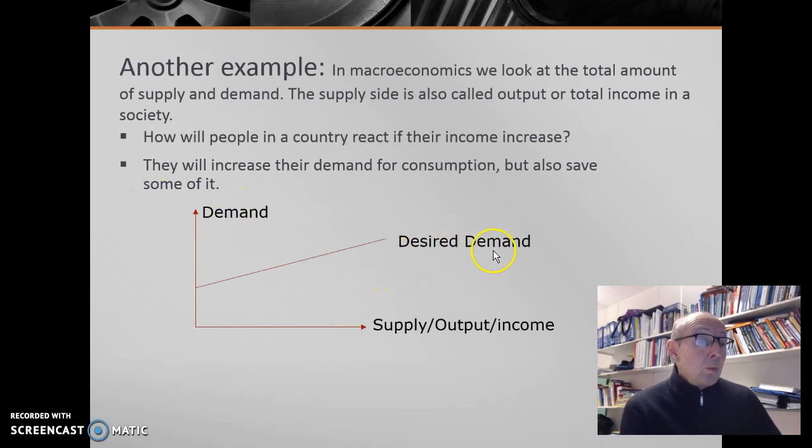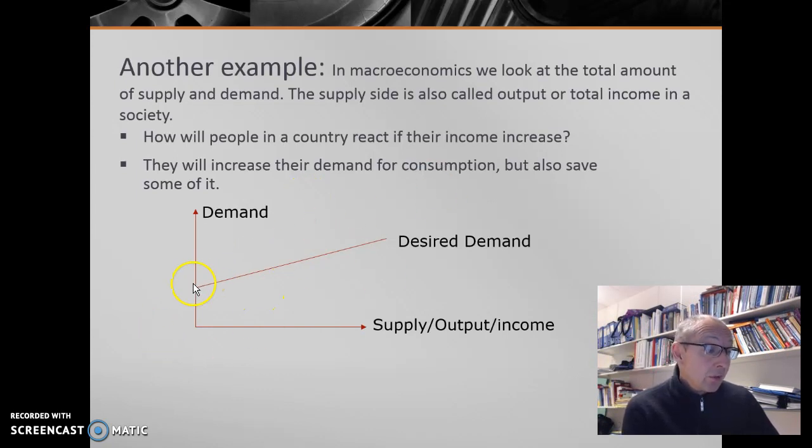This is what we would call the desired demand. And as you can see here, the slope of the curve is less than a 45-degree line. If it was a 45-degree line, then we would say that more income, more consumption, no savings.